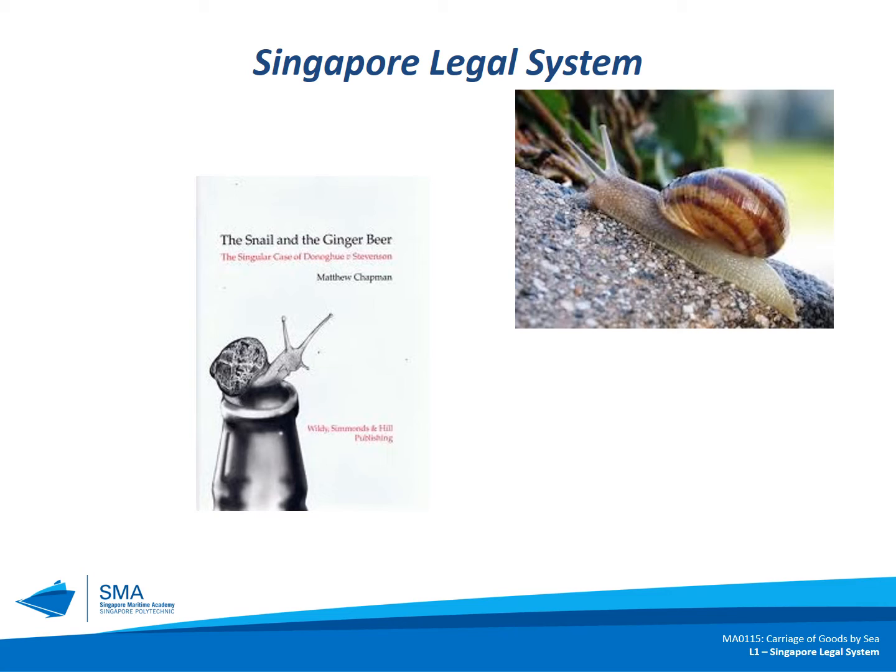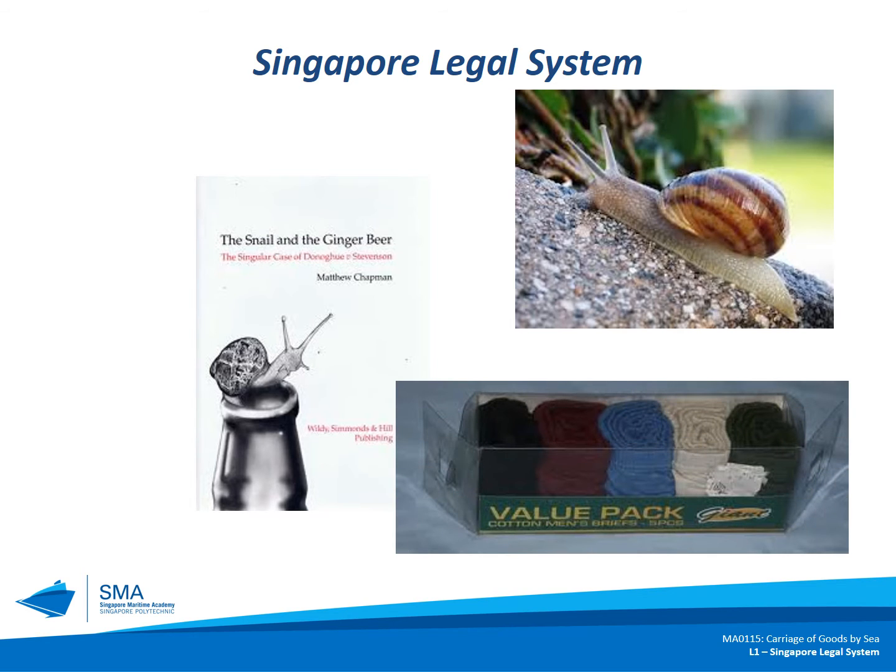Yeah, common law. Okay, I show you a snail. Now this is just to show you common law, but this will be in chapter 2 when we do tort law under negligence. Alright, negligence, we will be talking about a snail case, snail in the ginger beer. Okay, this one is the underwear, no pun intended, because there's a case called Grant against Australian Knitting Mills, because this is an underwear case. So very similar to the snail case, it is a negligence case.